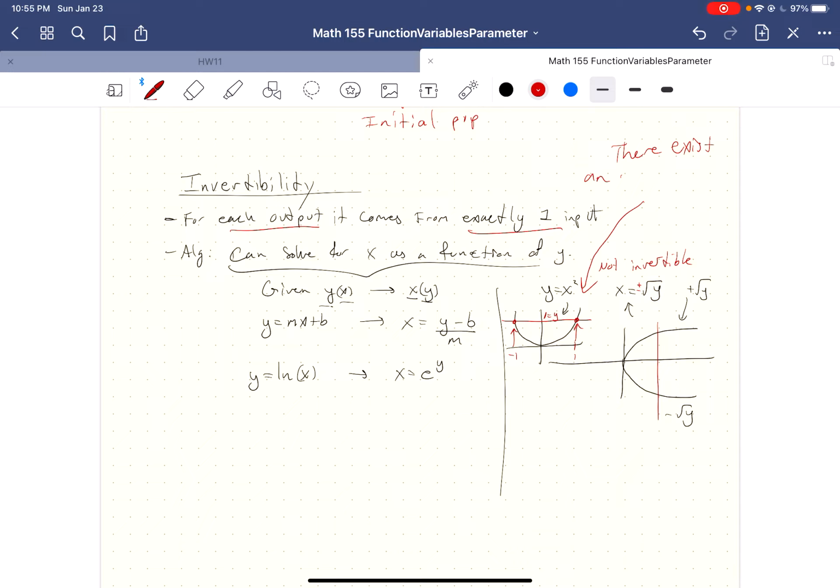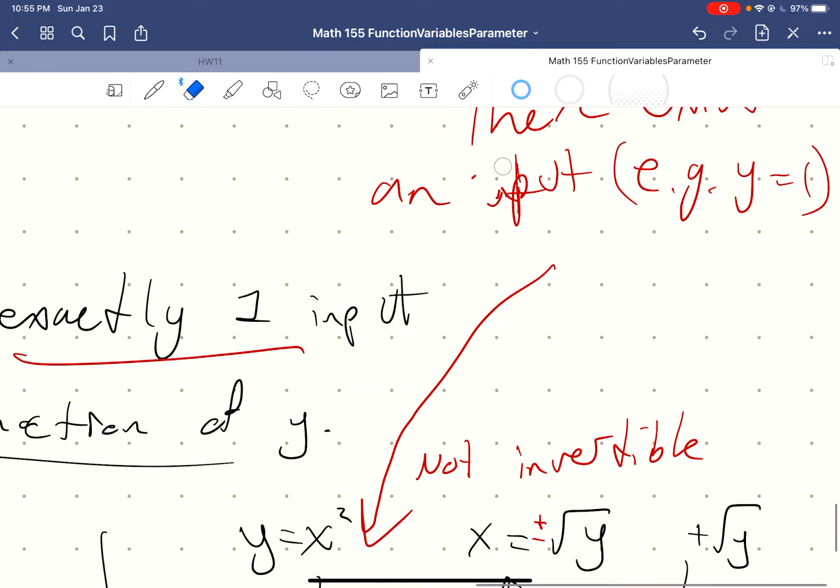an input. For example, y equals 1. Not an input, an output. Oh gosh, clean it up. Here we go. No. There we go. Output.